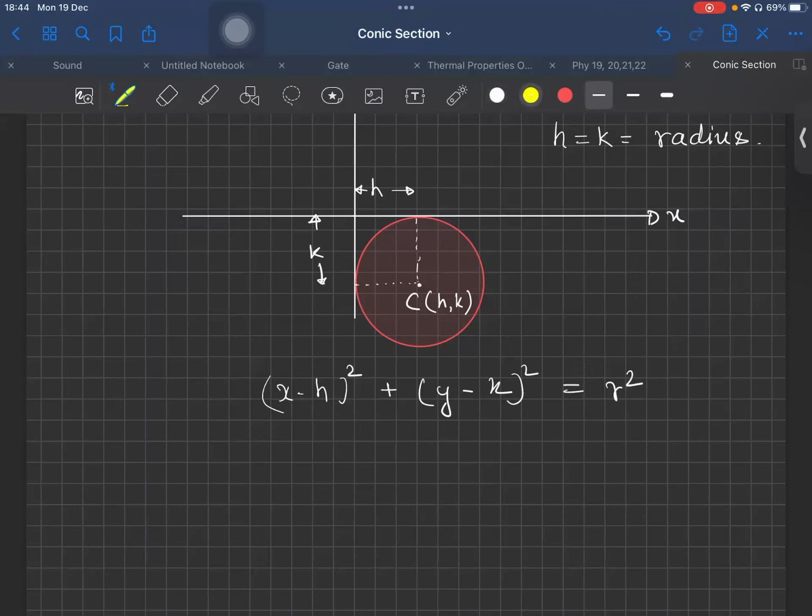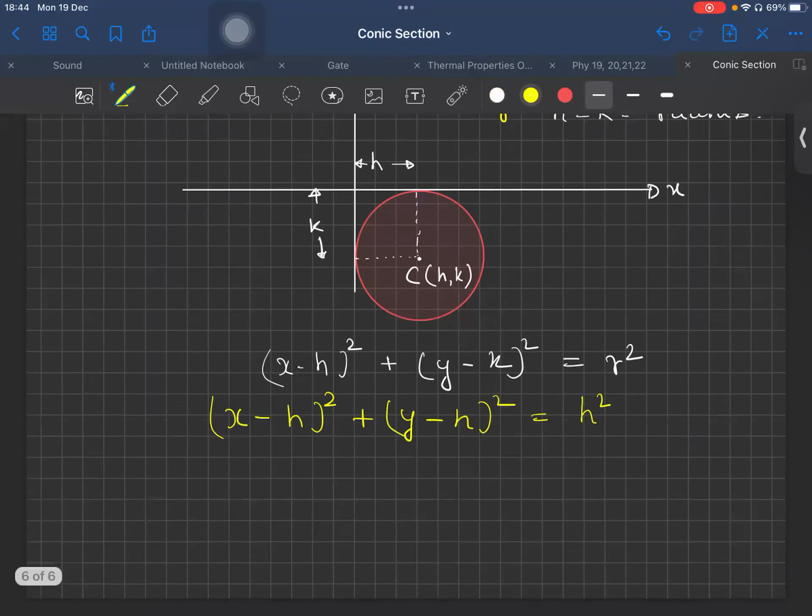Now plug this in here. So x minus h square plus y minus h square. Instead of k, we are writing h, or instead of h, you can write k, doesn't matter. So here also h square. Then r also you will write the same. R is equal to h is equal to k.